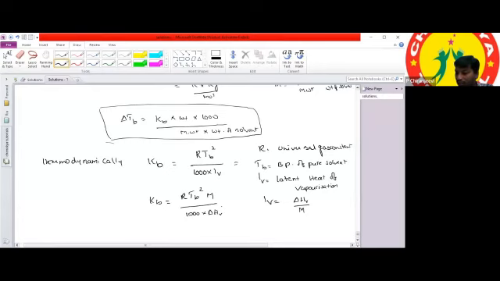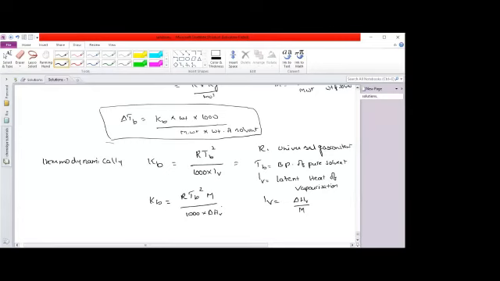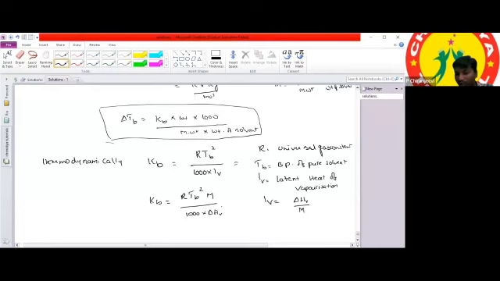So shall we try one question here based on this one? Yes. So can you revise the formulas, all? Just one second.